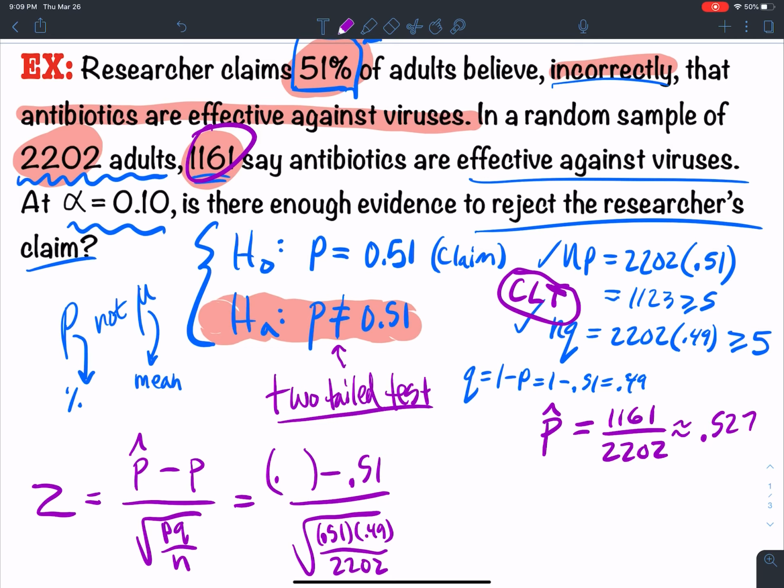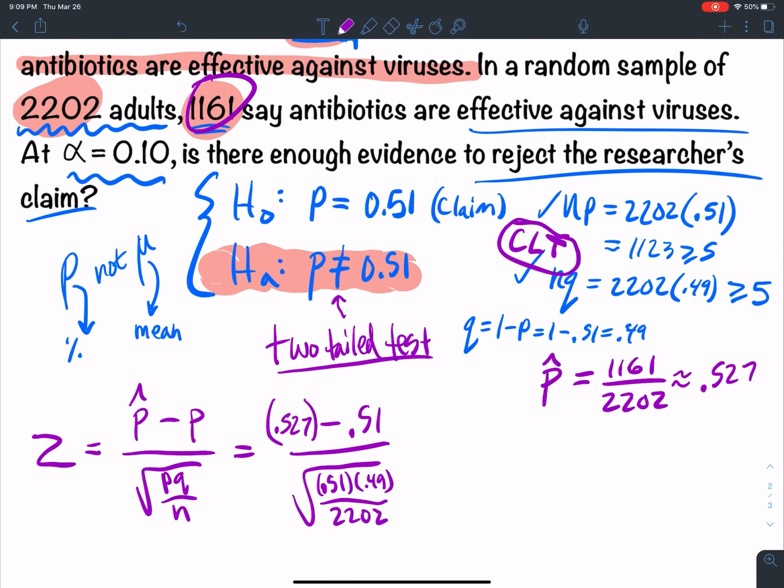So 0.527 minus the 0.51 divided by the square root of that nasty thing. When I type that in my calculator, my suggestion is do this first, then do second answer and square root that, and then figure out this numerator and then divide the two.